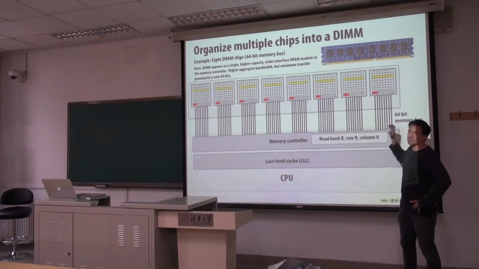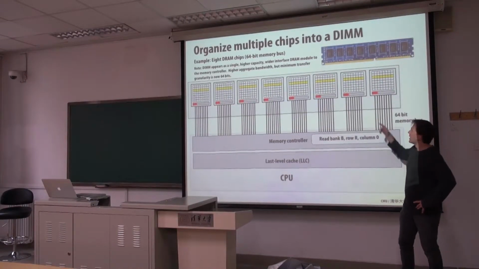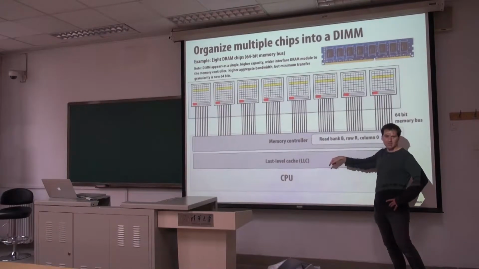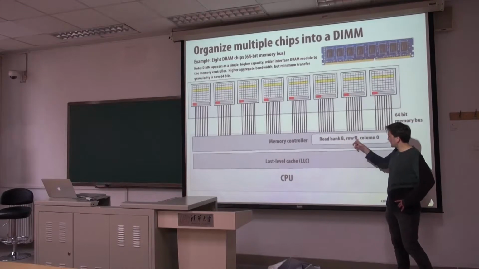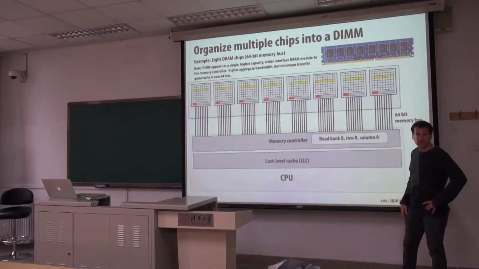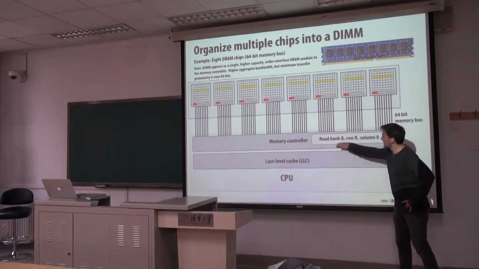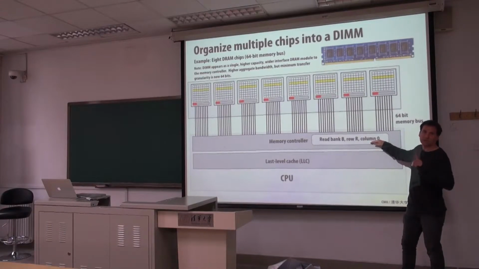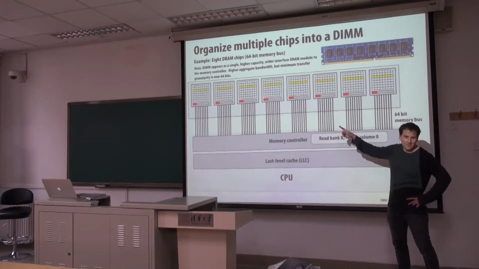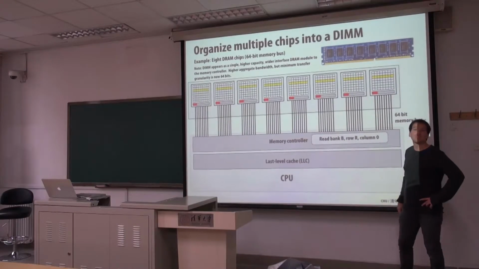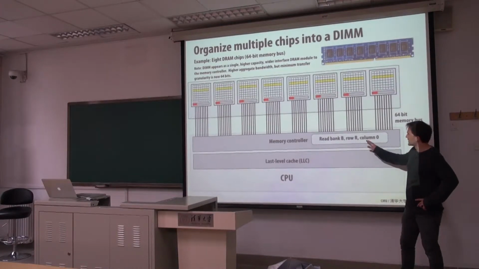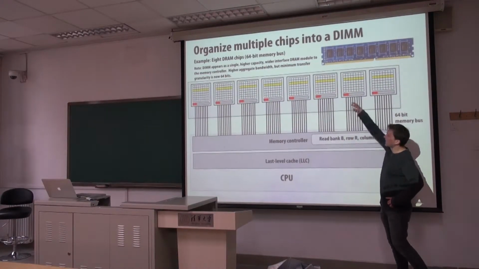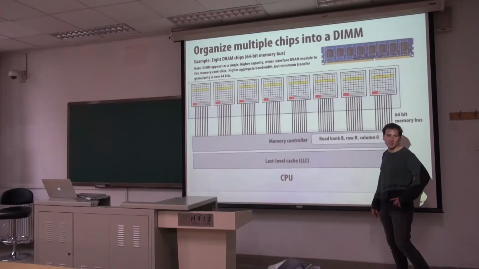All of the DRAM chips take the same command and will return to the DRAM controller 8 bytes of data that happens to be at B, R, 0. Altogether, this command accesses 1 byte of data from each of the 8 chips, which gets back 64 bits, or 8 bytes of data from memory. Notice that this is one command. The same command is sent to all of the chips.